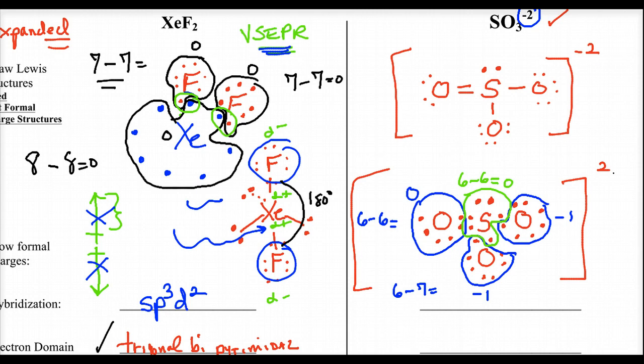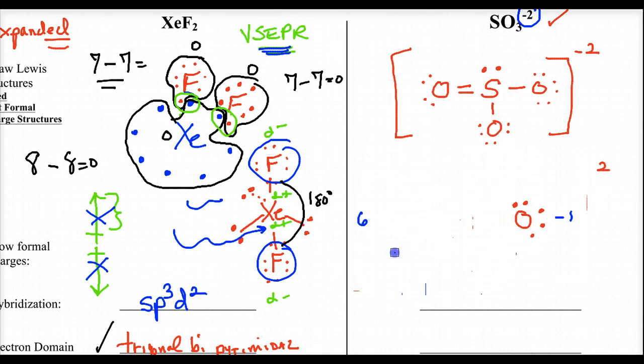Now, anyone think of 2 other structures I can draw? Yeah, this has resonance, doesn't it? Couldn't I put the double bond here or here? Yes, I could. So I would need to have, if I was to do this correctly, 2 other structures. Okay, so let's get rid of all my other work below.